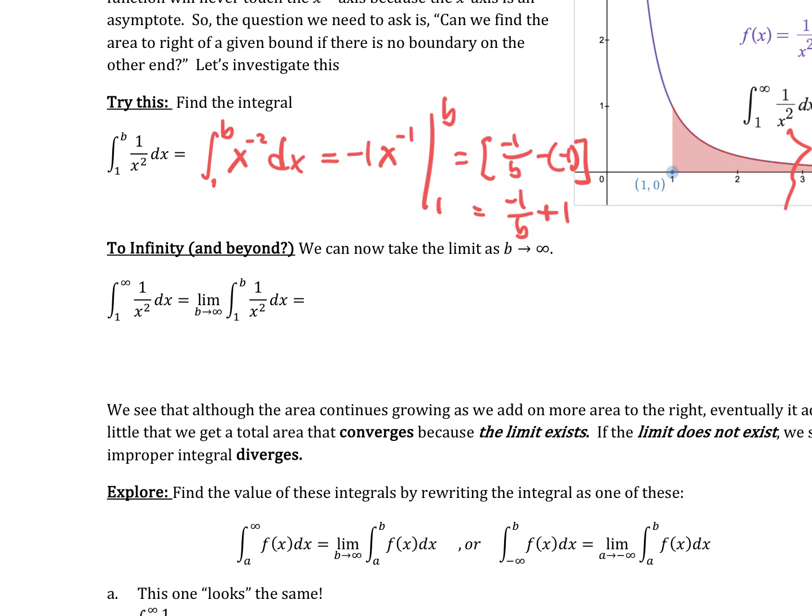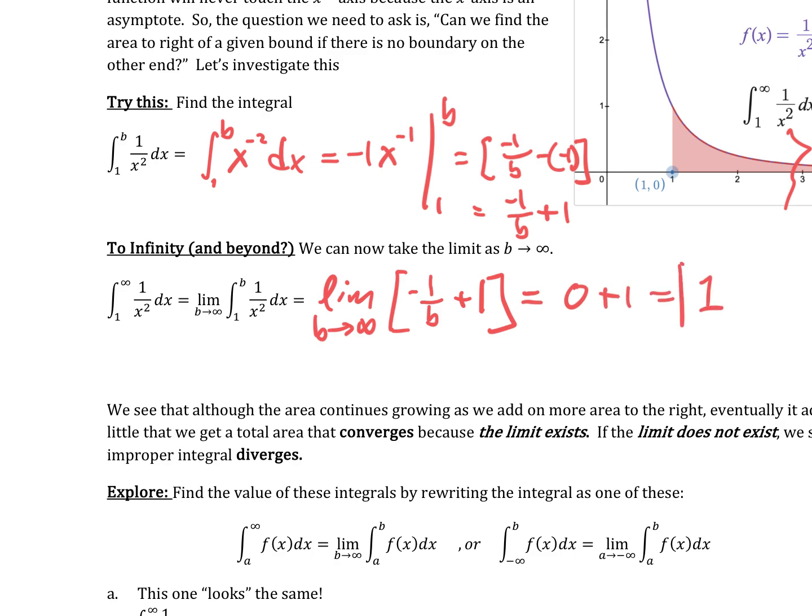Well, let's find our limit here as b goes to infinity. This is the limit as b goes to infinity of what we just found, which was negative 1 over b plus 1. And what happens to this fraction as b goes to infinity? Well, that fraction becomes 0, right? So we get 0 plus 1, which is obviously 1.